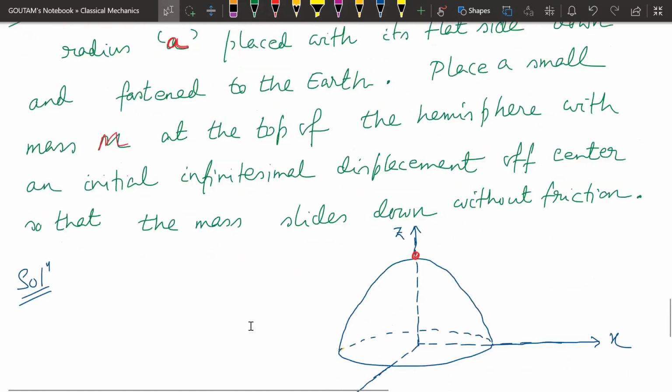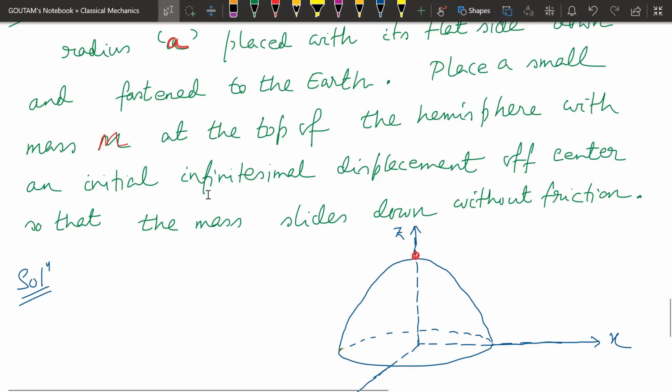So now initially, before we give any displacement, it's a kind of three-dimensional problem because it can go anywhere. It can come in this direction, this direction, this direction. So this small particle can slide any direction it wants.